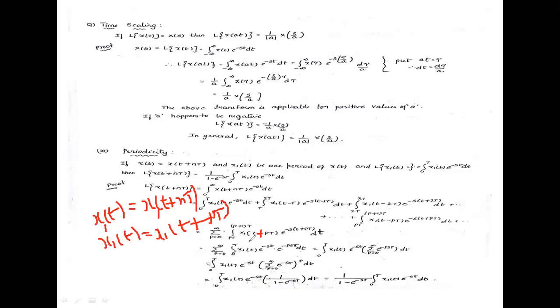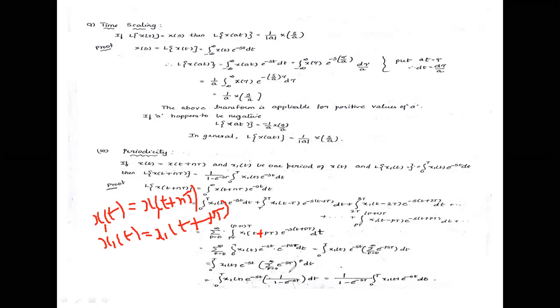So I replace x1 of t plus pT with x1 of t because it obeys periodicity, with e power minus st and e power minus psT. That is equal to the integral 0 to T of x1 of t e power minus st, and we have only p in the remaining expression, the sum of p equal to 0 to infinity of e power minus p sT, into dt.